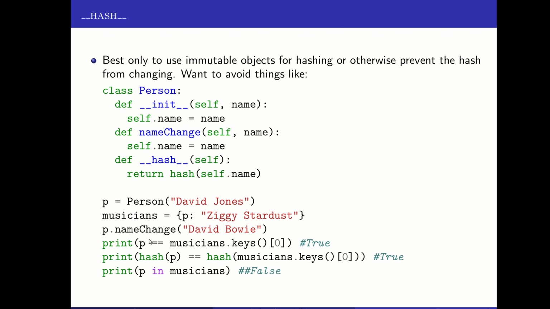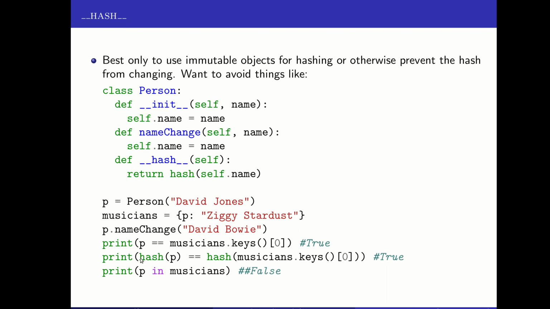Yes, it is equal because it is actually the exact same object as what was used as the key there, right? P is still the same object as P because I used P, so it will store the same reference. And that's what double equals is checking here because I didn't override underscore EQ for equality.